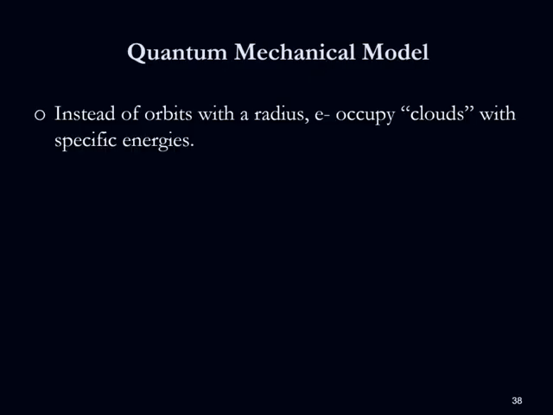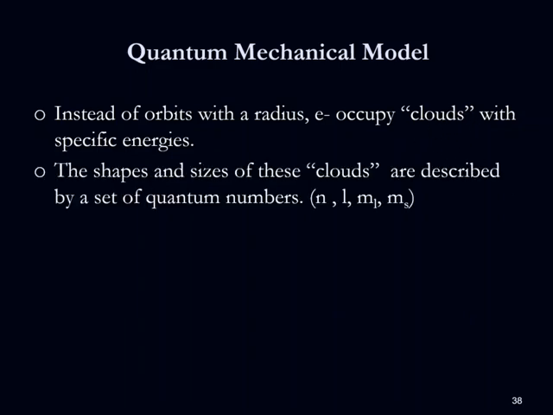So just a really quick summary of some of the things we've said. The quantum model deals with orbitals that exist in clouds rather than orbits. So we're not going to talk about an orbit with a certain radius. We're going to talk about orbitals, and those are clouds with specific energy. And they have shapes. The shapes of these clouds can be described by quantum numbers. N equals 1, N equals 2, N equals 3, that's the N level.